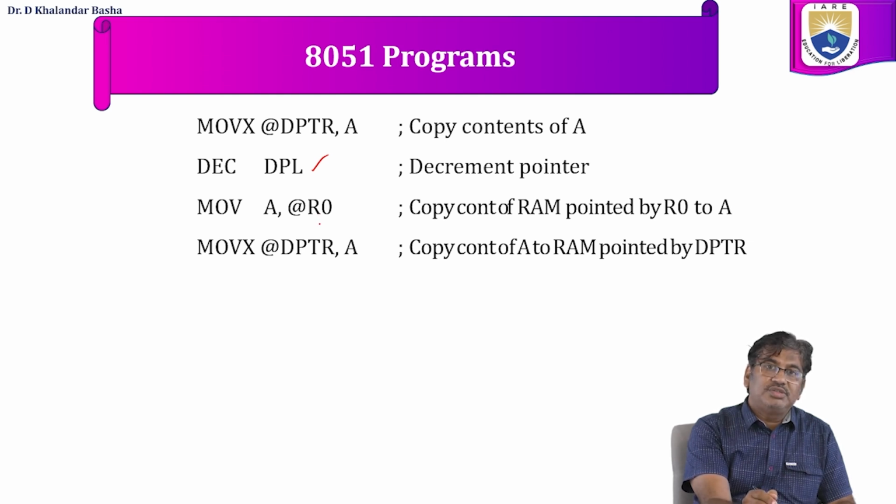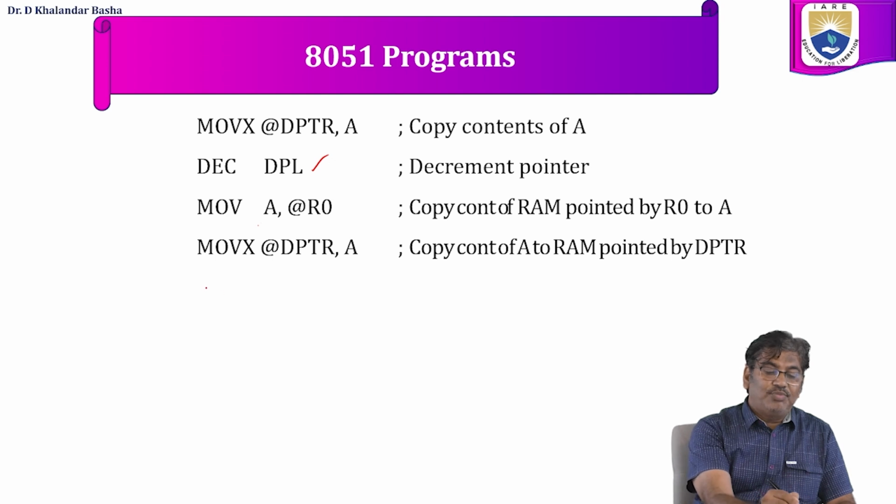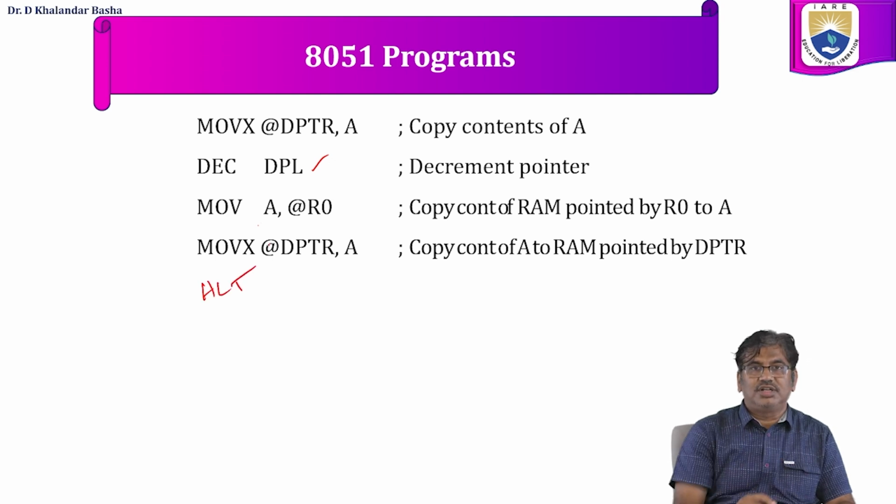So first the 45H memory location contents will be loaded into the accumulator. From the accumulator, it will be loaded into external memory by using MOVX @DPTR, A. So with this, the lower digit of the 6000 and 6001 locations of the external memory is exchanged. So we can terminate the program by using the HLT instruction.